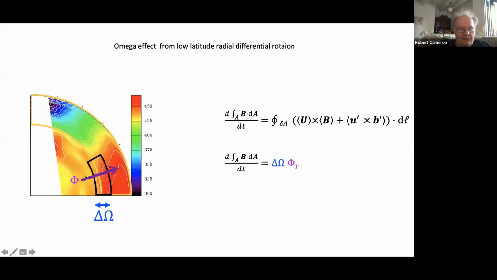If you want to generate the field by the tachocline, then you're going to have a problem because your flux may be the same flux, it may be more flux, but the differential rotation is very small. So to get a significant quantity of flux being generated by the tachocline at those latitudes, you're going to need a very large amount of flux.